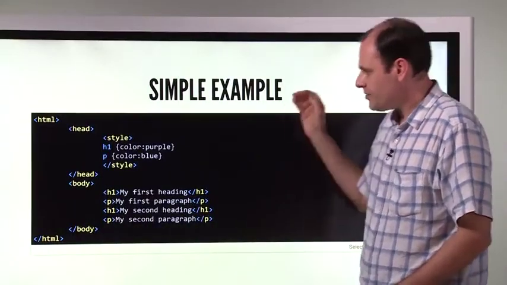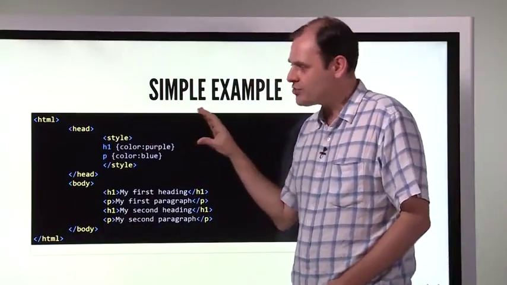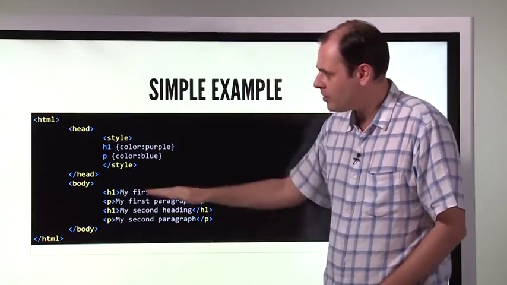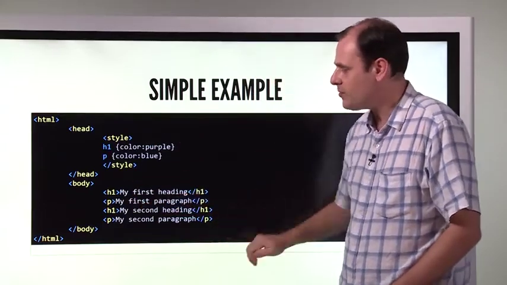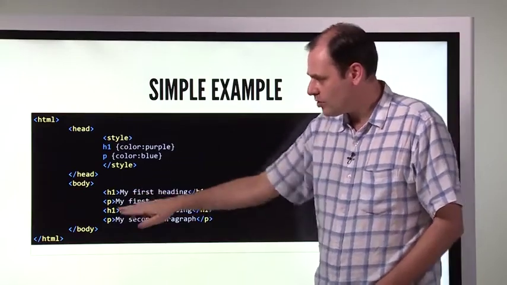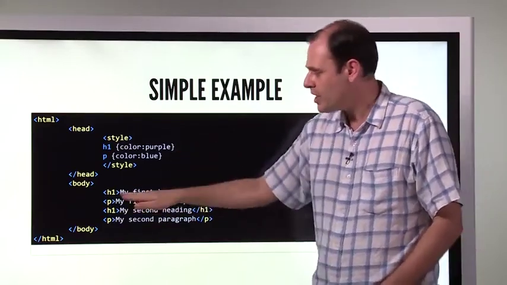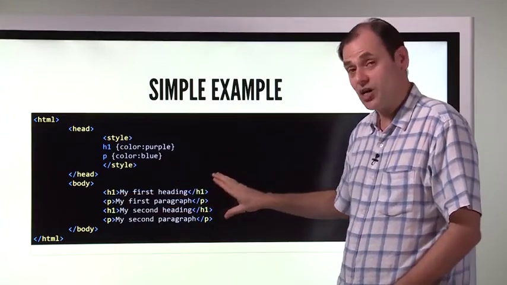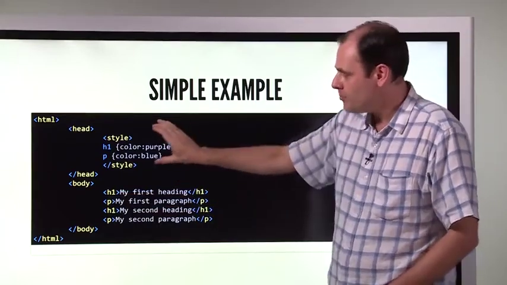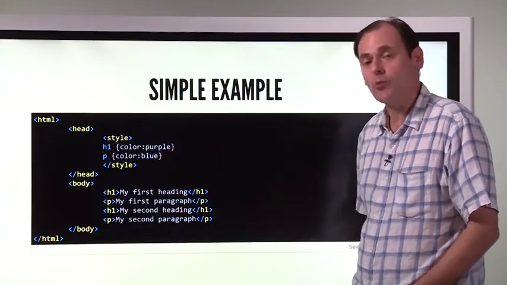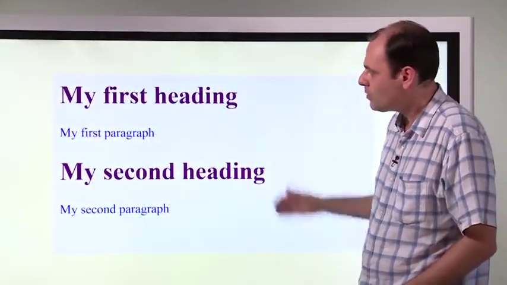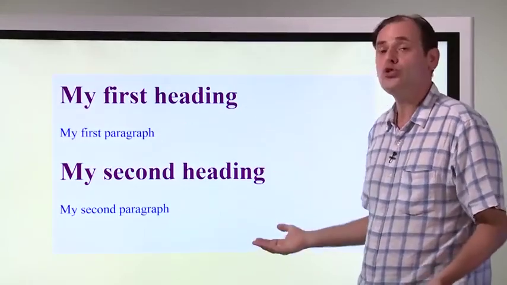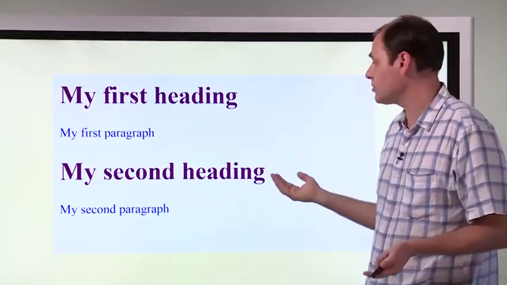This is an example, style inside this web page. There's the style rules, header 1, paragraph, and there's my actual HTML elements. So header 1 is going to come out purple, paragraph is going to come out blue. It's exactly the same example as before, but now we're putting the style rules at the top of the page. What's the result? Exactly the same as before, purple, blue, no change at all for the visual result.